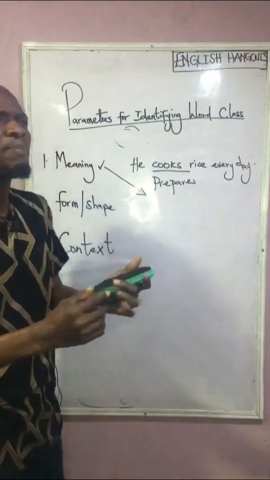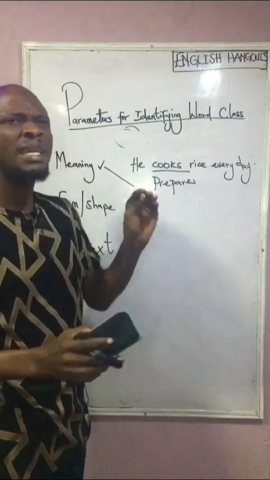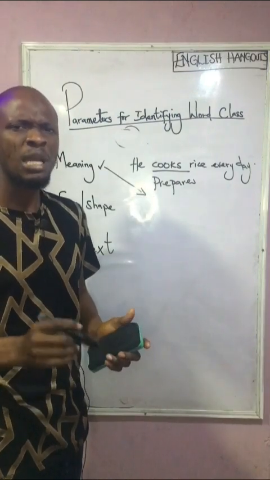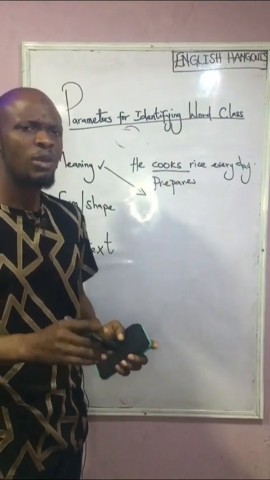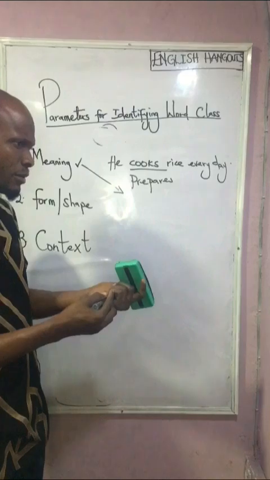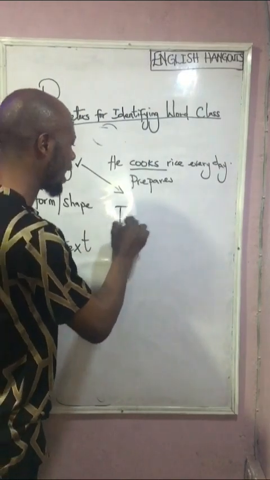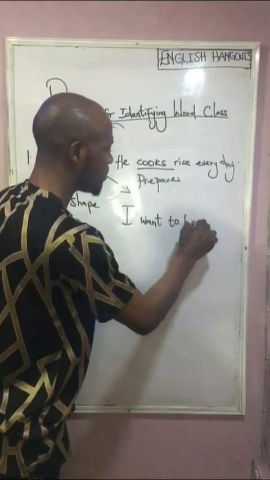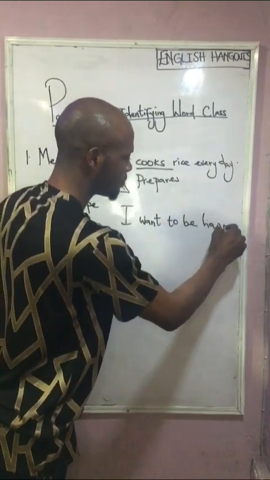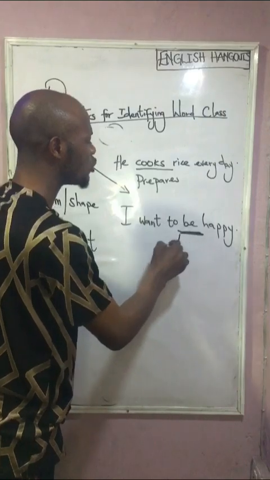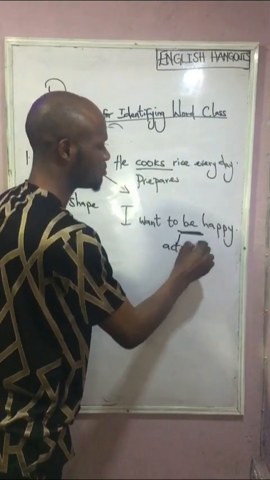But this parameter, which is meaning, is wholly inadequate when it comes to substituting it. It is inappropriate because if you have an expression like I want to be happy, the verb be here, what action does it perform?